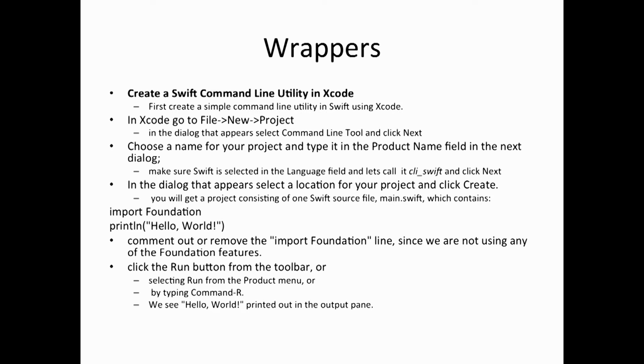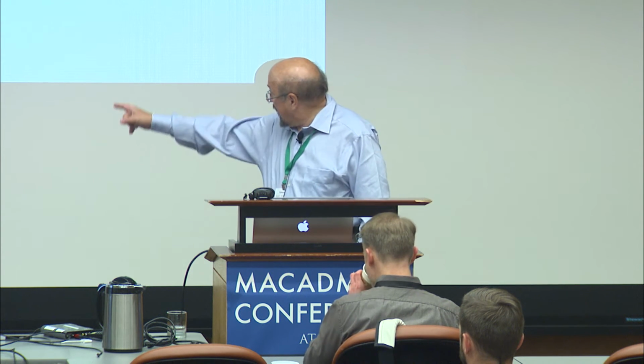In the dialog that appears, you create it. So you've got something created with import Foundation and print line Hello World. Really simple. You don't even need the import Foundation line, because you're not going to use any of the Foundation features here. You run it and you see Hello World printed in the output pane. Really simple.